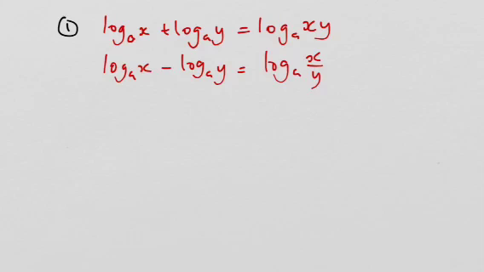And then in part C, that's using the rule which says log to the base a of x to the power b is just b log to the base a of x. So if you stick to these three rules, that should get you to the answer for question 1.